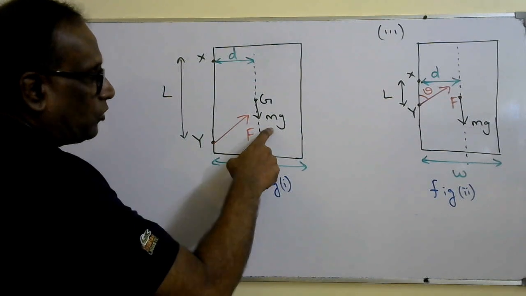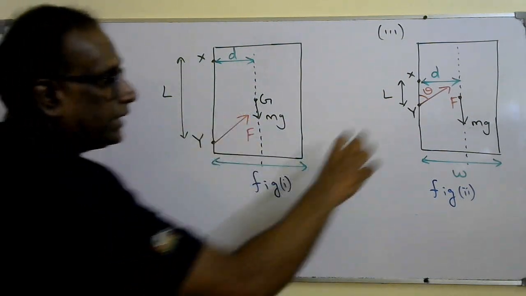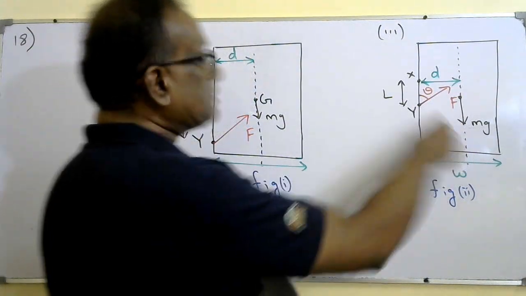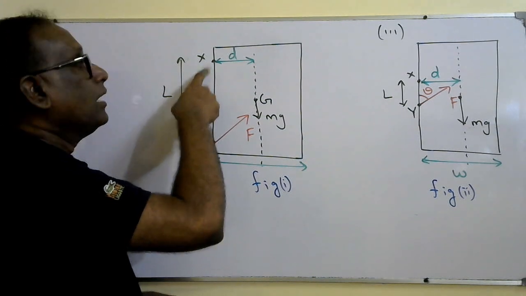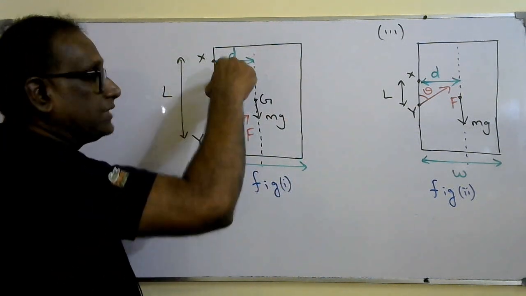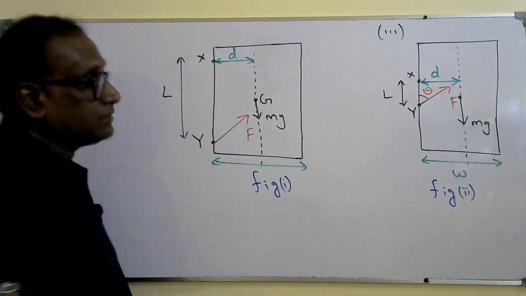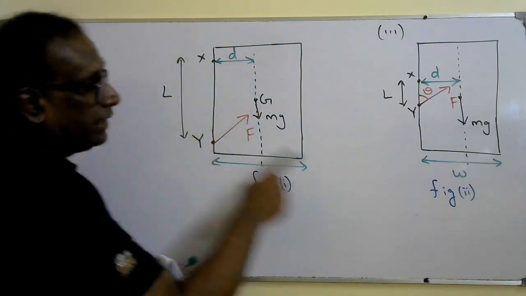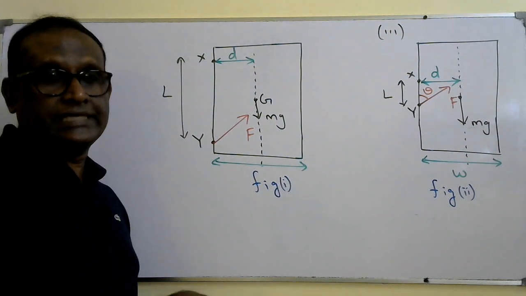So the clockwise moment has no change whether the hinges are far apart or closer. The moment about the upper hinge X that forms the clockwise moment of the weight has no change, because here mg into d, here also mg into d.